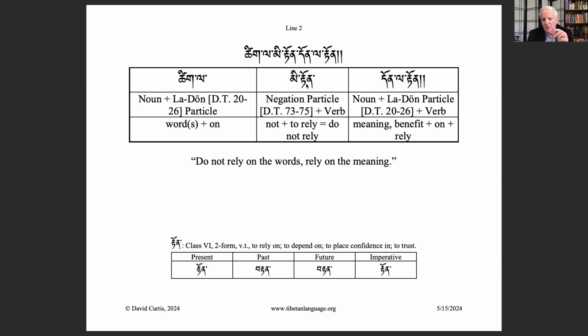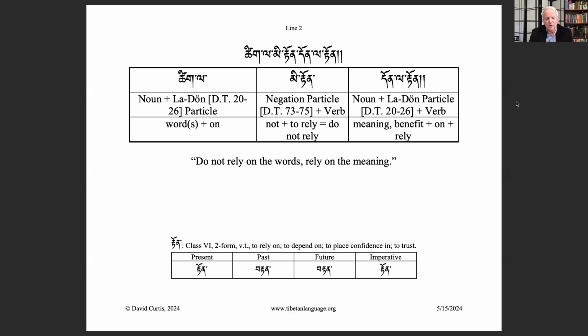And then dunlatun, dun means meaning or benefit, can mean topic and many other things, fact sometimes, but la tun. So la on, dun, the meaning, on the meaning, tun, rely on the meaning. So this one, Sikla Mitun, Dunla Tun, don't rely on the word or words of a particular teaching, rely on the meaning. So don't rely on the words, rely on the meaning.